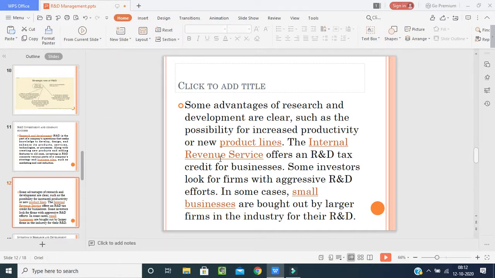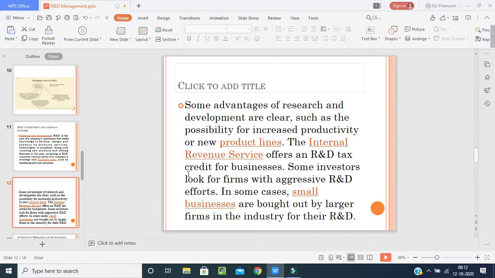Now, the Internal Revenue Service offers an R&D tax credit for businesses. So whatever services are taking place within the company or organization, it offers an R&D tax credit for business. It's like a tax for the business, on whatever services we are providing to the customers.